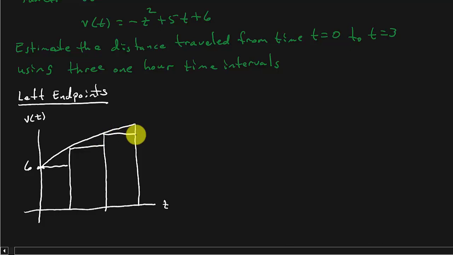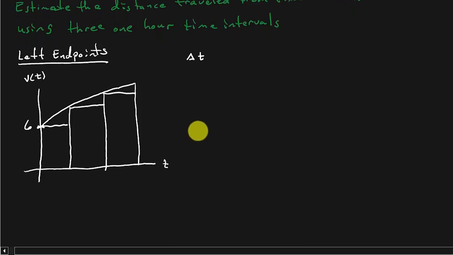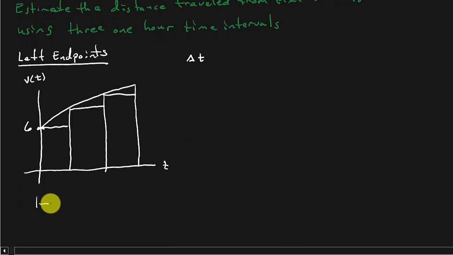All right. And so we need delta t, not delta x, because we have t here. We need the width of the rectangle, delta t. And remember, we're going from 0 to 3. So we get (3 minus 0) over 3, which equals 1.